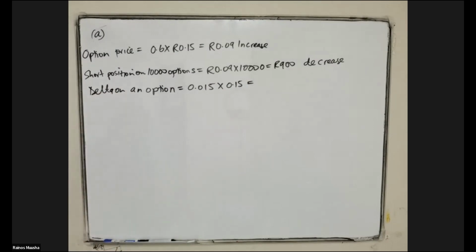So what happens with the delta of a single option? 0.015 times 0.15.